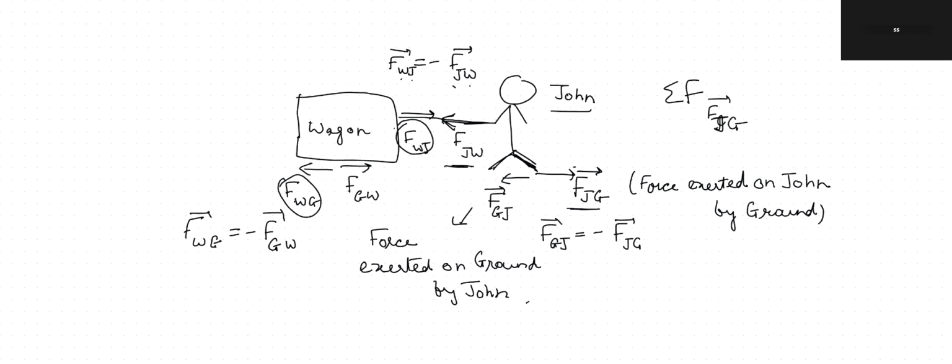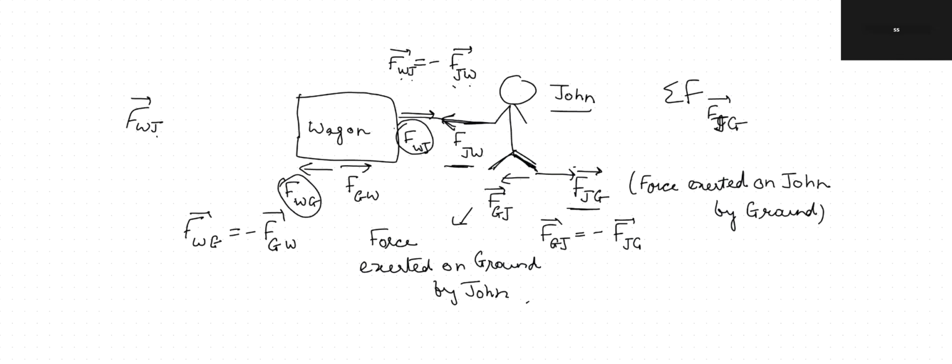Similarly, to find if the wagon moves forward or not, we have to find the forces on the wagon. So which two forces are acting on the wagon? That is force WJ, the force exerted on the wagon by John, and the force exerted by the ground on the wagon, or the frictional force exerted backwards on it by the ground.